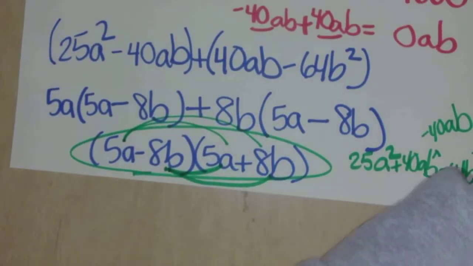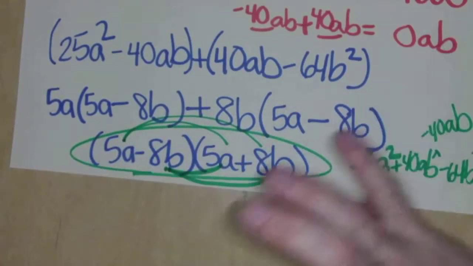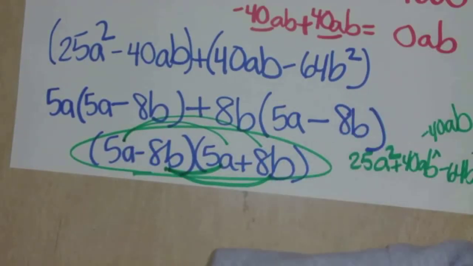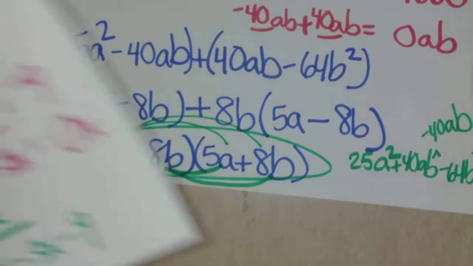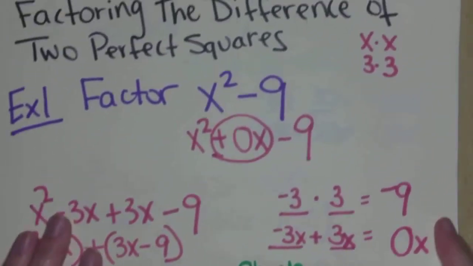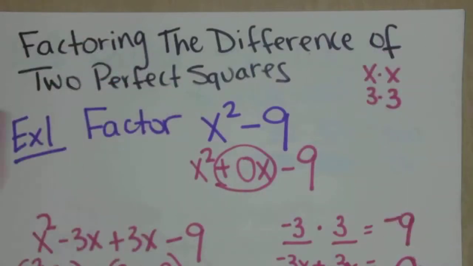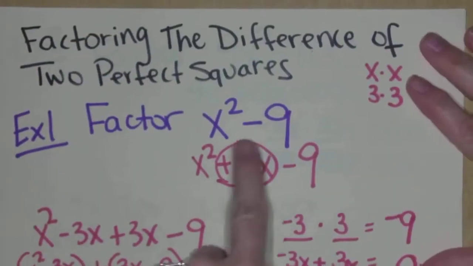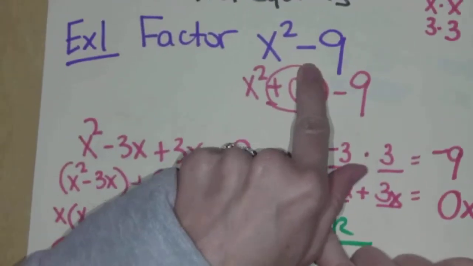One other thing, guys, before we leave this video. Back in the day, back long ago, I did not teach difference of squares by grouping. I actually taught difference of squares by more of, let's call it a trick, okay? Look at, for example, this problem, x squared minus 9.